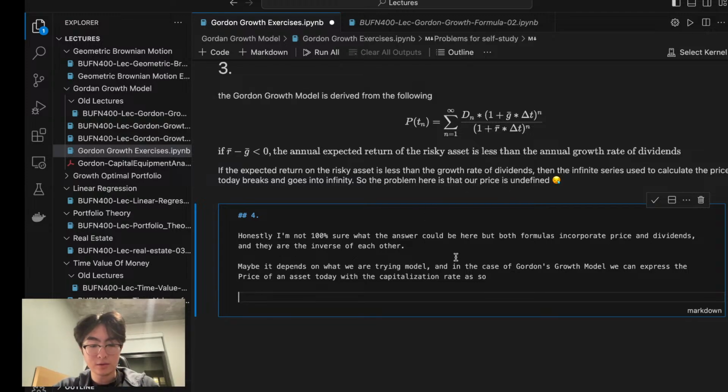So I think it's, we could say P of Tn is equal to Dn times 1 plus bar RG, so this is the growth rate.